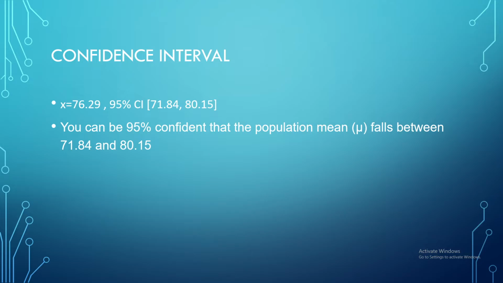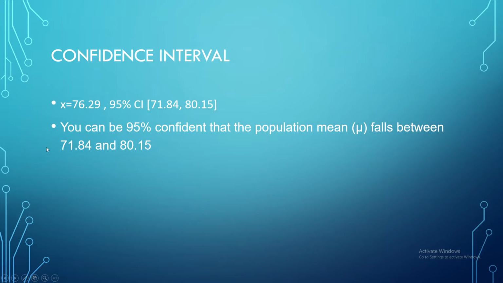Now, here's where I found a confidence interval. If I read this correctly, from our mean of 76.29 and a 95% confidence interval, we can say that we are 95% sure that at minimum there are 71.84, all the way up to 80.15 at a maximum, paintings that contain either snow or clouds, as the mean falls between these two numbers.